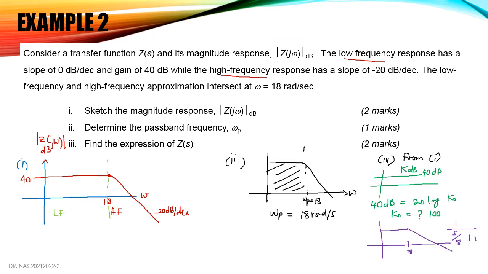So what's the Z(s), the transfer function? So Z(s) equal to the constant multiplied with the component. So you have only one pole at 18. So this is the transfer function of Z(s).